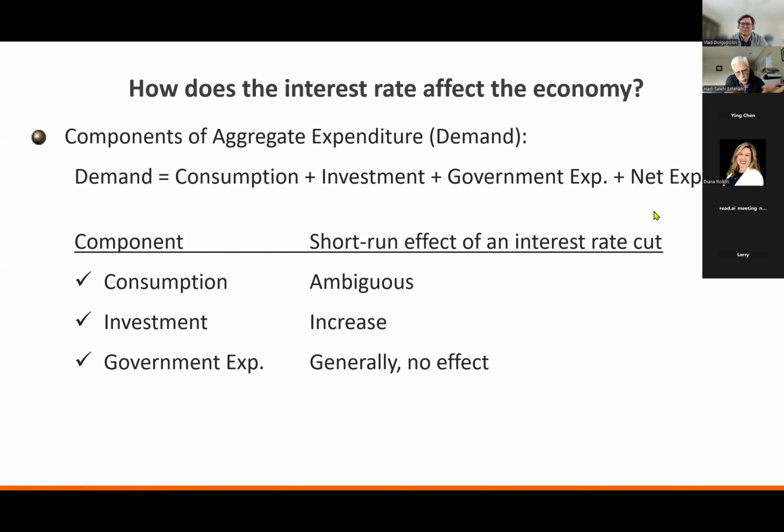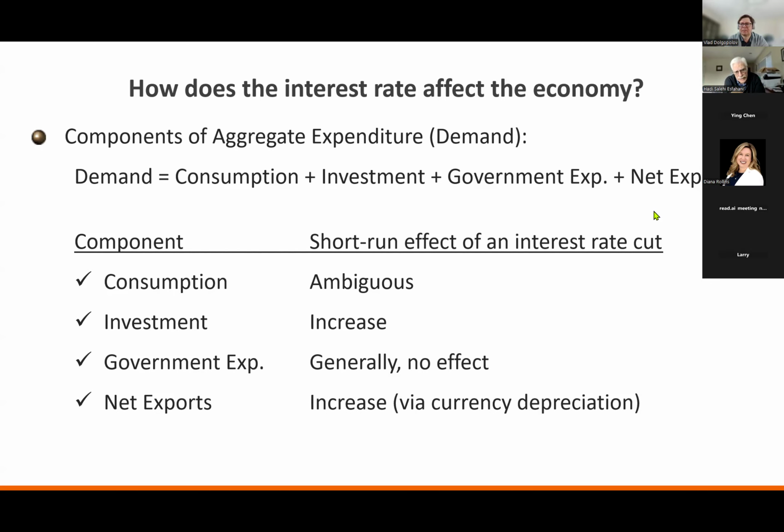It comes out of the political process, and therefore interest rates being high or low does not much affect government expenditure. In some circumstances, interest rate may have an effect on government expenditure, but generally we assume no effect because it's a political process that is largely exogenous to the macroeconomy.